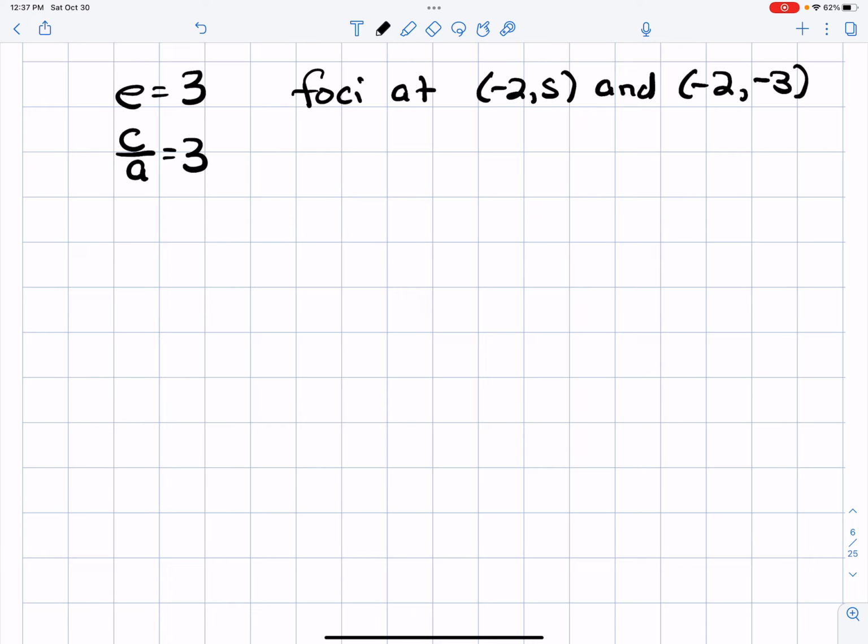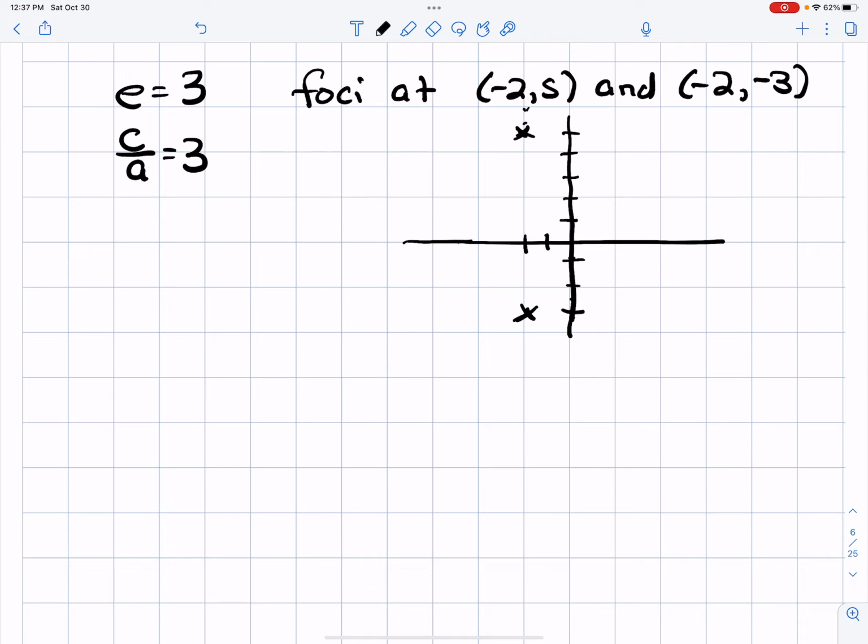But let's think about where the center would be. Say -2, 5. So focus there, and -2, -3. So we have a focus right there. So the center is going to be halfway between those.